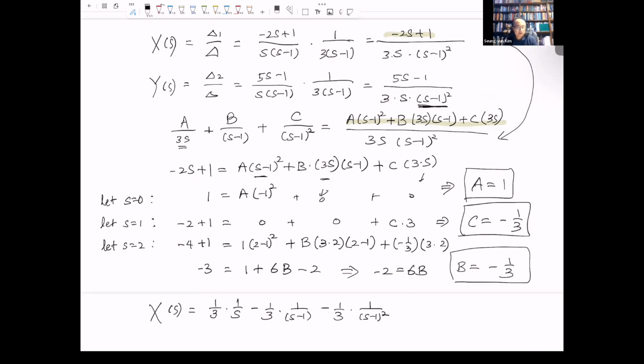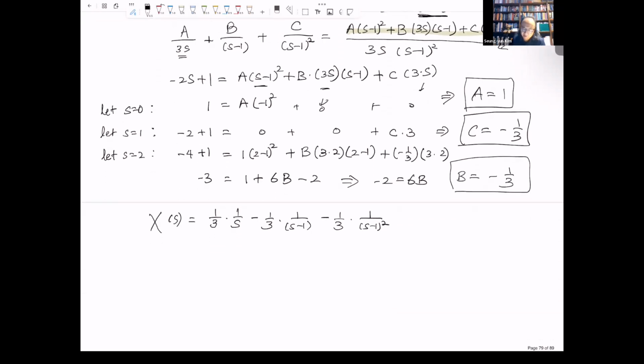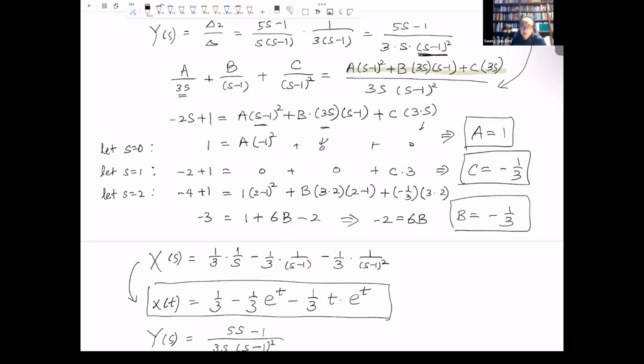Now we are ready to take the inverse Laplace transform to find x of t equals 1 over 3 times 1, minus 1 over 3 e to the t, minus 1 over 3 times t, and with the first translation, e to the t. So that's x of t.